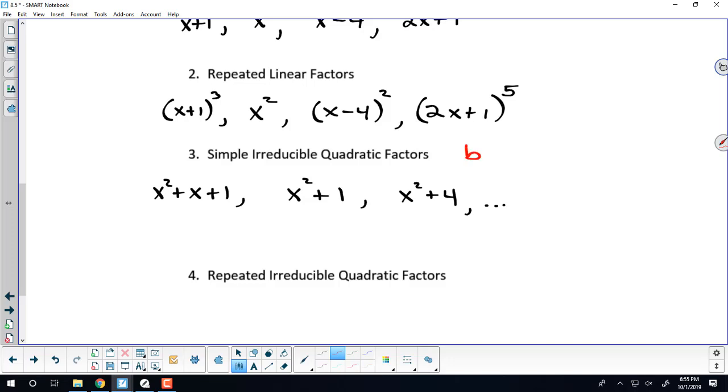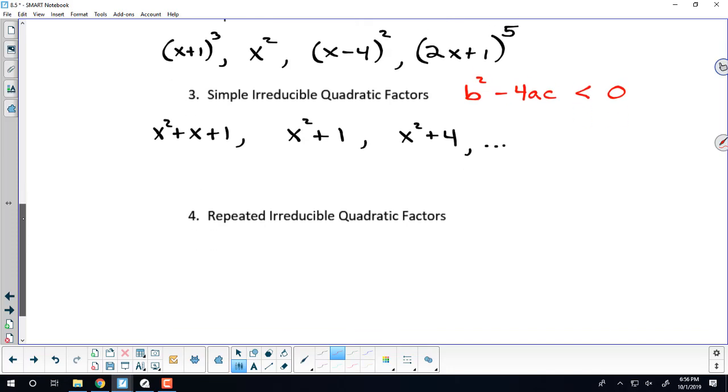So the part under the radical in the quadratic formula. If b squared minus 4ac is negative, you know you're going to end up taking the square root of a negative number, which gives you imaginary solutions, which means your quadratic is not factorable in the real number system. So it's irreducible if that's true.